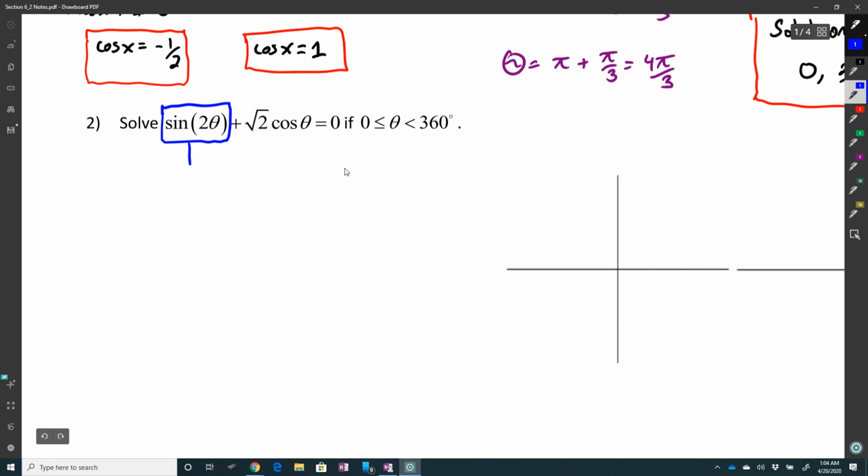We learned that this is just 2 sine cosine plus square root of 2 cosine theta. And we can see that we can actually factor a cosine out of each expression.